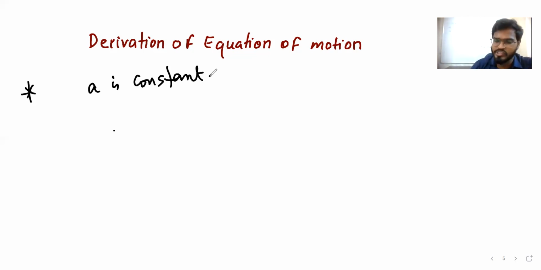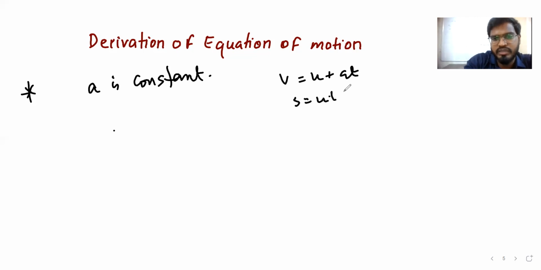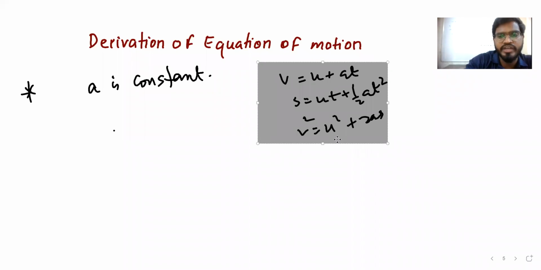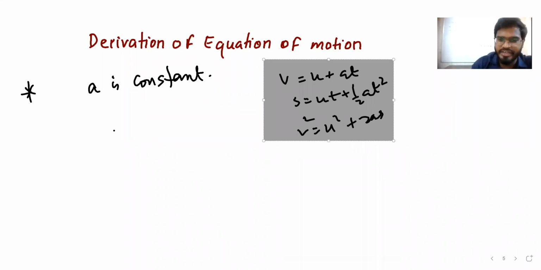Then only we can use these equations. These three equations, v is equal to u plus at, s is equal to ut plus half at square, v square is equal to u square plus 2as, we will use only in one condition, when acceleration is constant. If acceleration is not constant, we cannot use these equations, right? So we should keep that in mind. Let's start the derivations now.